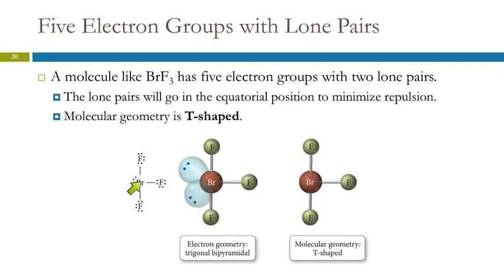Here, bromine has an expanded octet, and so it's got 2 lone pairs and 3 bonding pairs. So again, 5 electron groups, trigonal bipyramid, but the lone pairs are going to occupy the positions that have more space, so the equatorial positions. So now we're going to have 2 lone pairs in the equatorial position. The electron geometry is trigonal bipyramid. The molecular geometry is T-shaped.